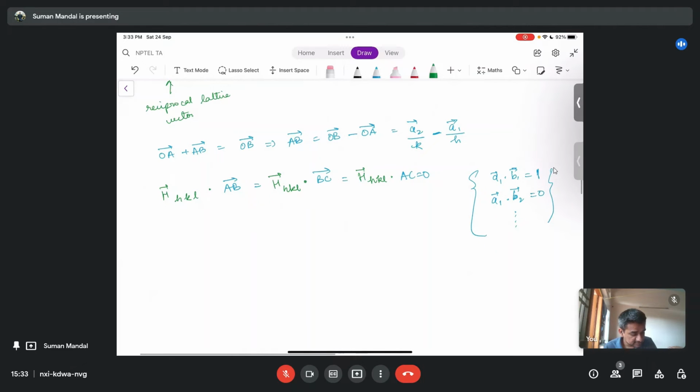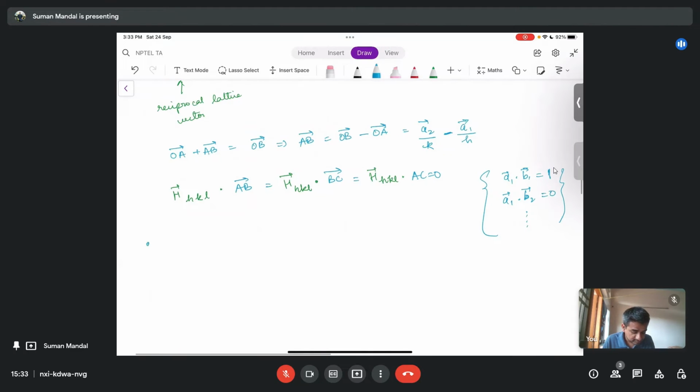So what we do next, we then say, okay, so what we found? We found that HKL is perpendicular to plane HKL.